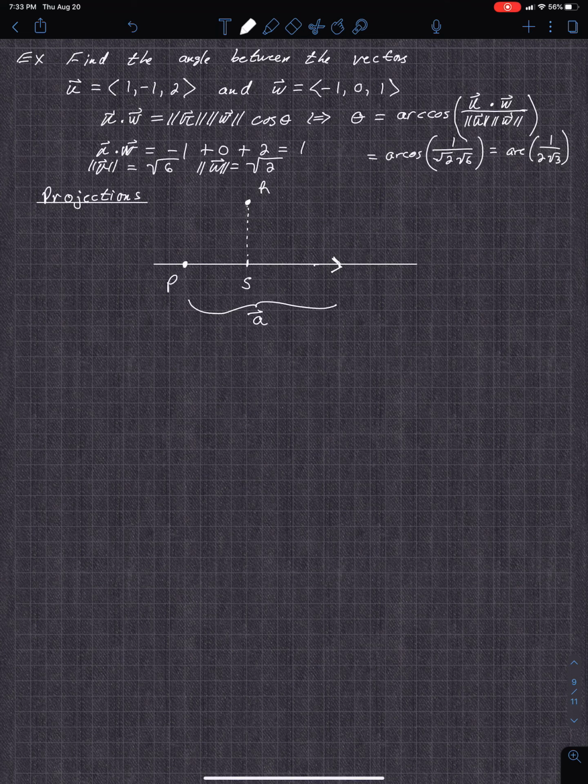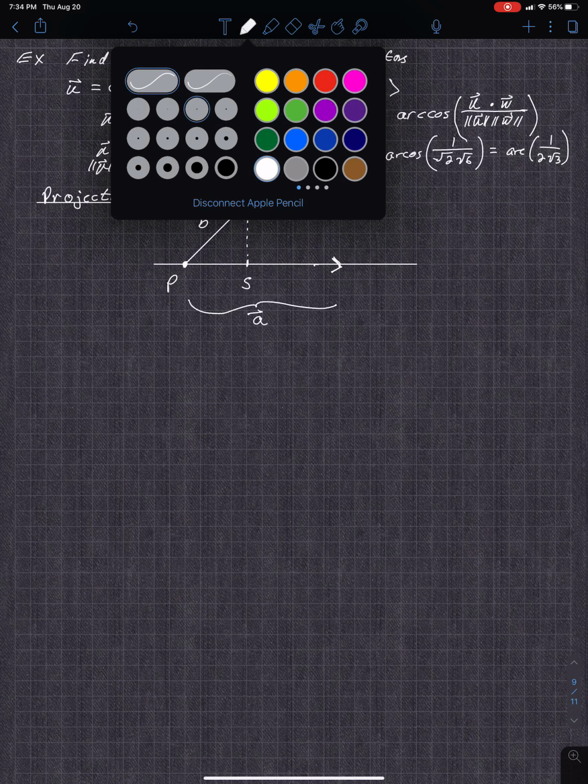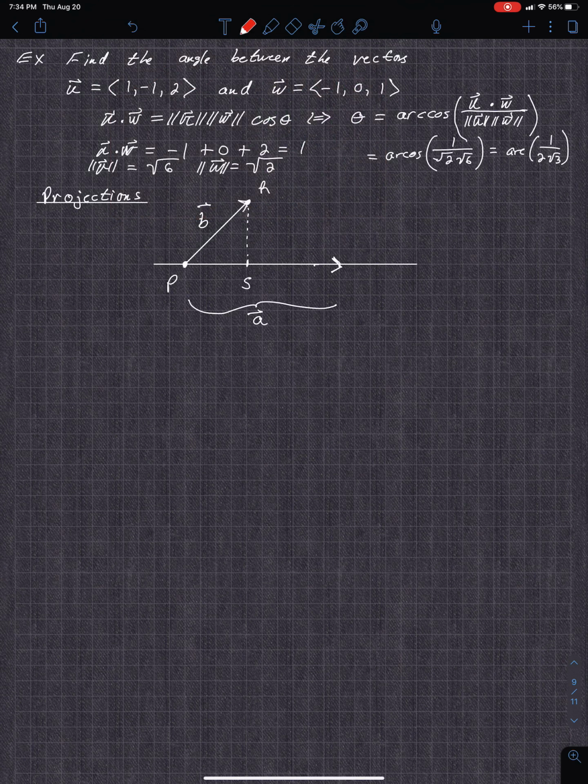So we're going to create this vector PR, and we'll call that vector B. So what we're looking for is a projection of B onto A. We're looking for this vector.